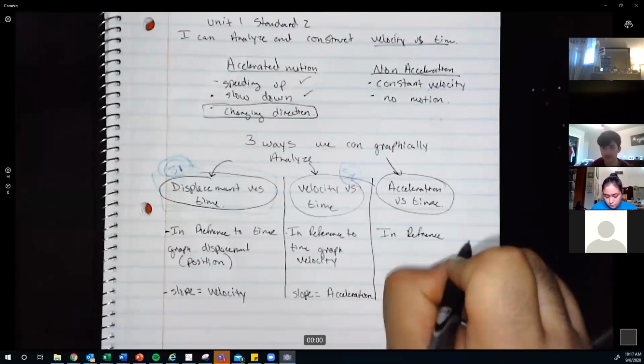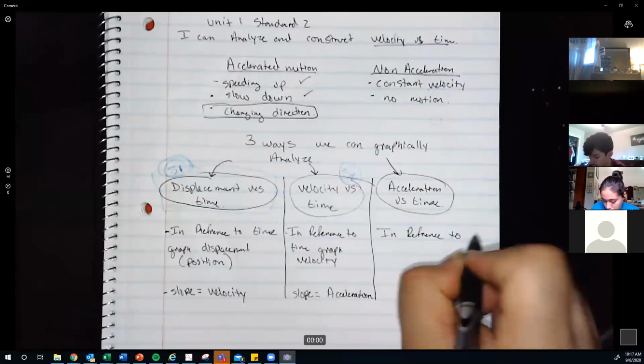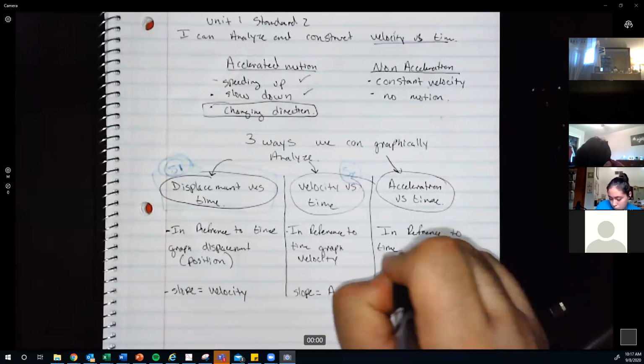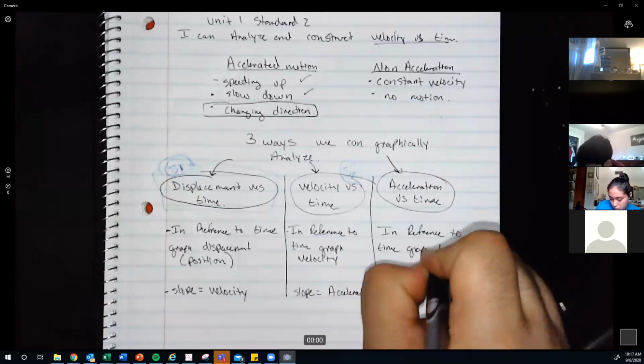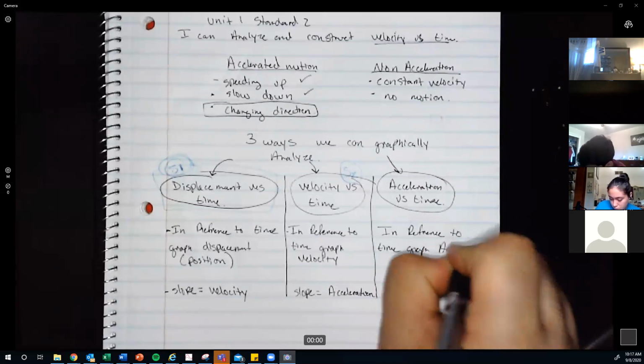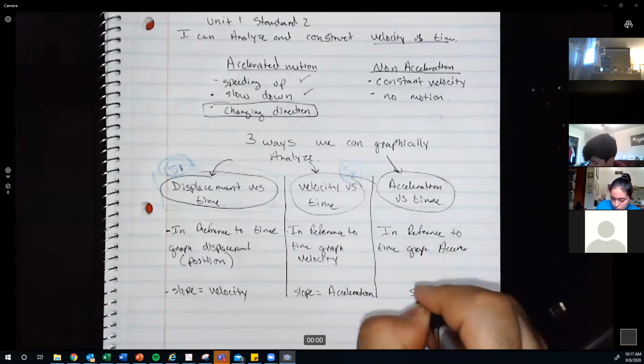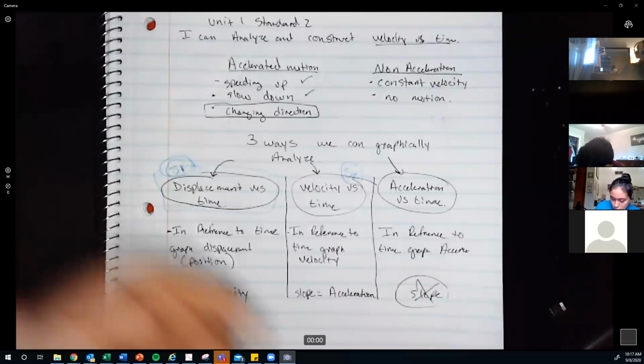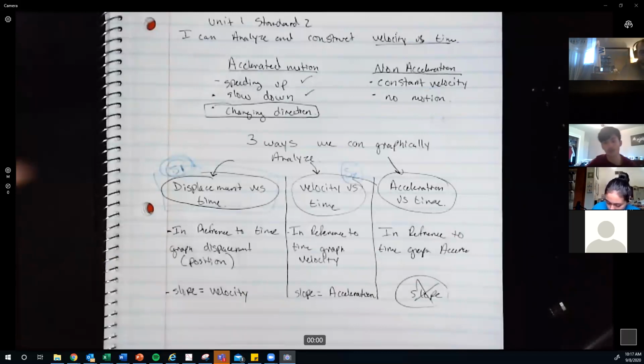So in reference to time, this graph is going to graph the acceleration of the object. Don't focus on the slope. In this case, acceleration versus time, we should not focus on the slope. It should always be flat. The reason being is that if you have changing acceleration, it gets a little bit complicated. We're not going to go into that within the scope of this class.